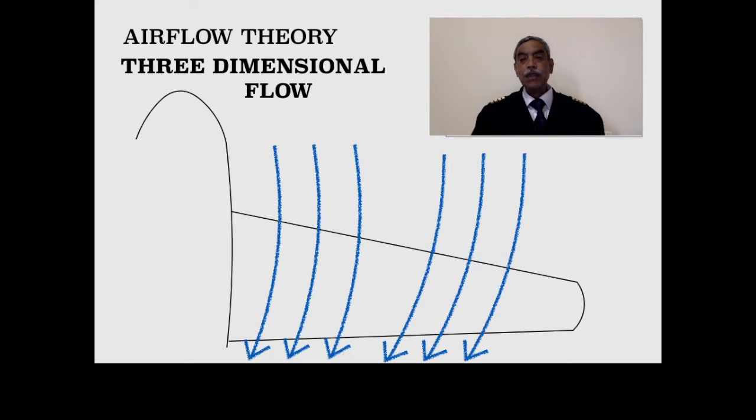Why it happens, how it happens, is a subject of study in our future. But at this point, it's enough if we understand that flows are always three-dimensional, and due to which there are several other issues which we need to understand.